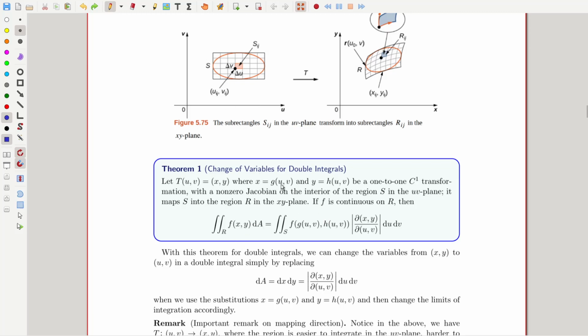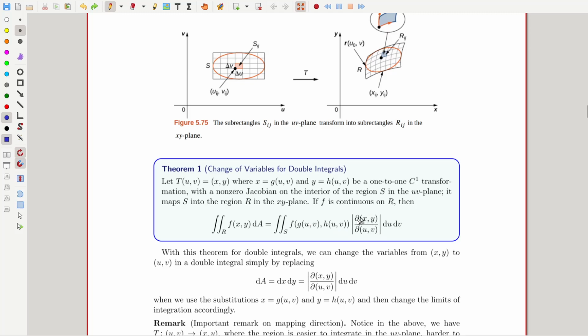And the way that's going to work is the transformation T will give you a function for x dependent on u and v, and y dependent on u and v, and so you just end up inserting them into the function f, which you can see there.